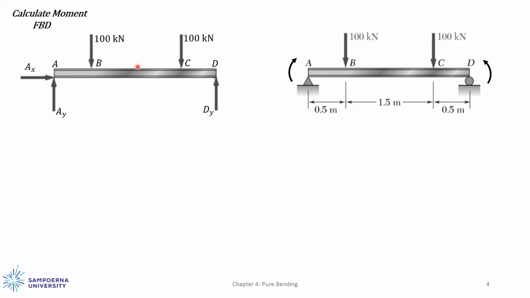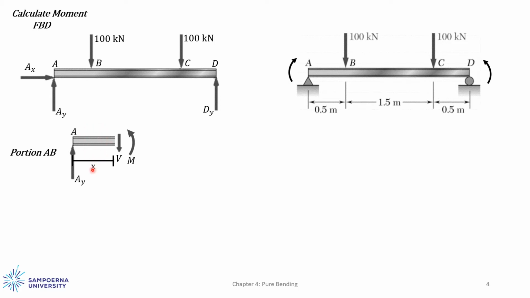To understand this, first, we will take a look at any particular location between A and B. If we cut between A and B, we only have AY acting on the beam. To make it equilibrium, there should be a force acting in the opposite direction of AY. Therefore, there will be a force that we call V.